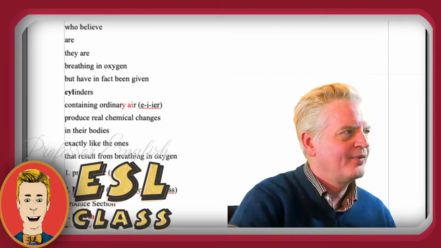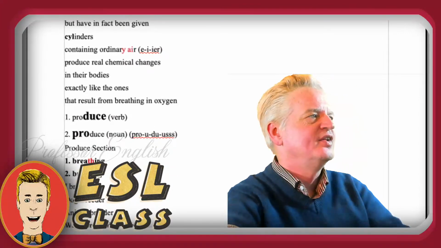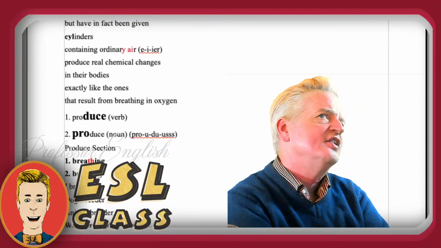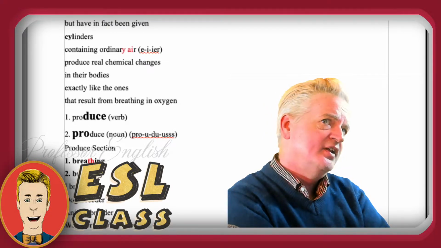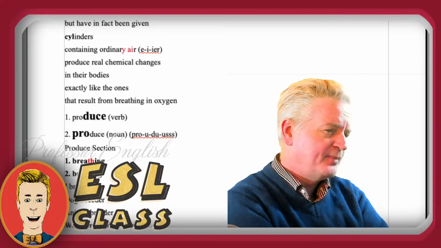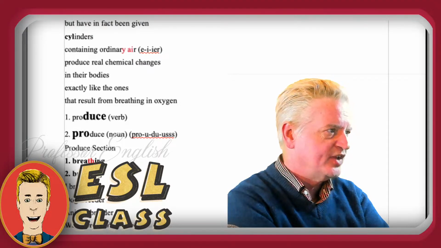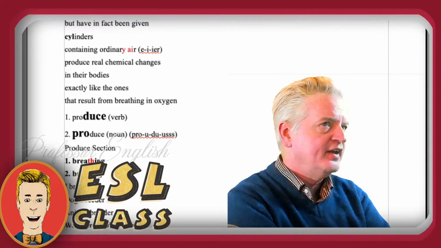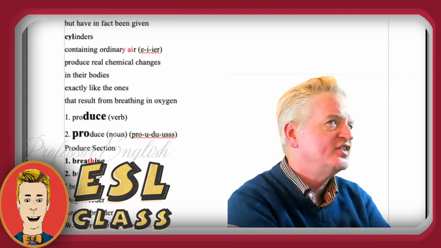Okay. We have cylinders as our next word. Cylinders. Just thinking about this with you. What do you think about the vowel sounds? I think that the first sound is long, because the accent is on it.